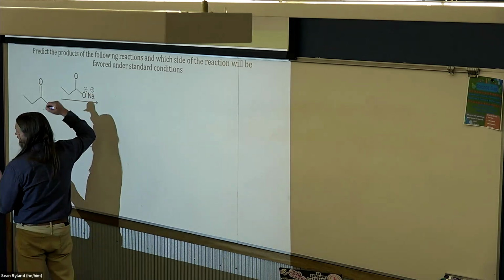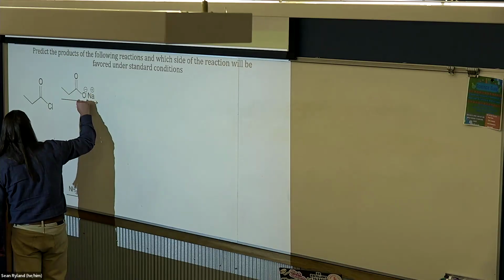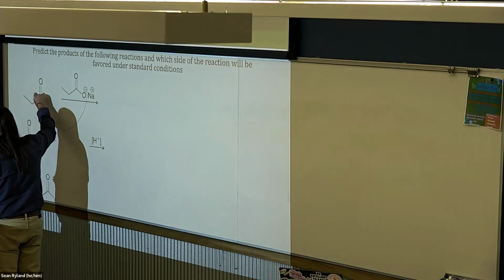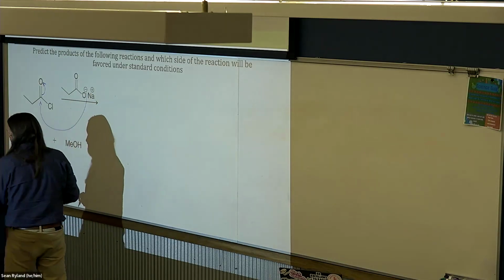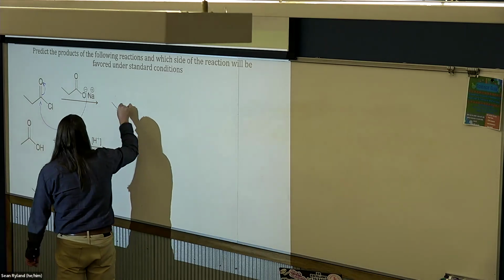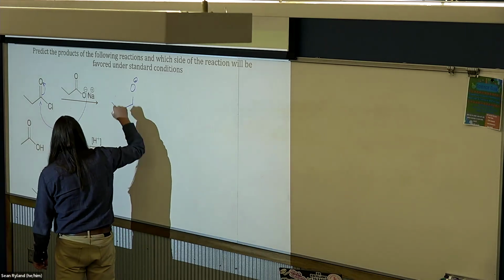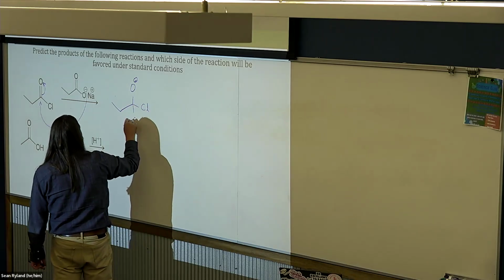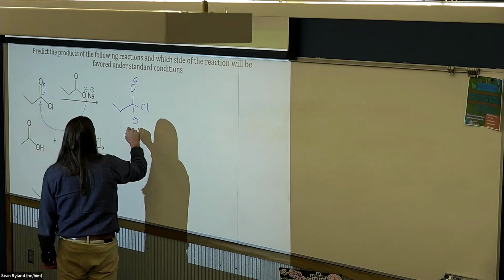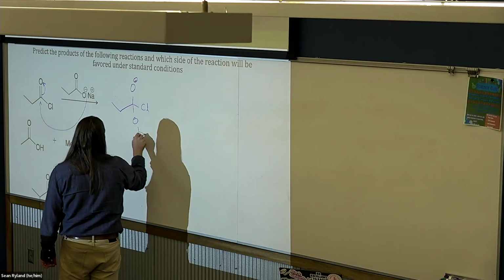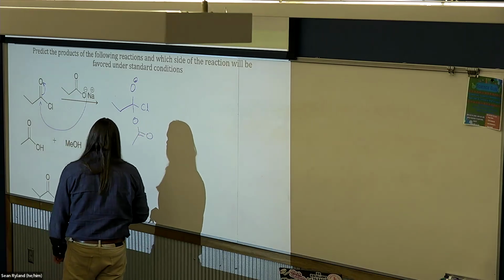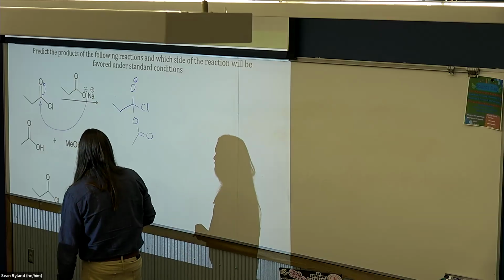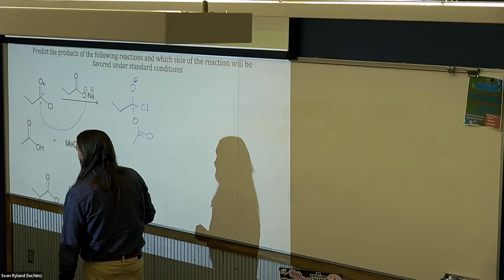I say that in show our work, but we get a tetrahedral intermediate. Then the chloride is the better leaving group.